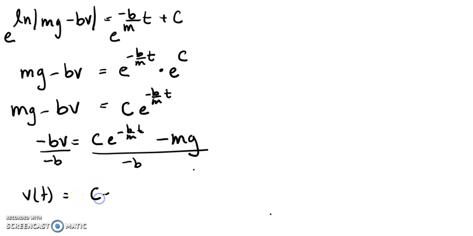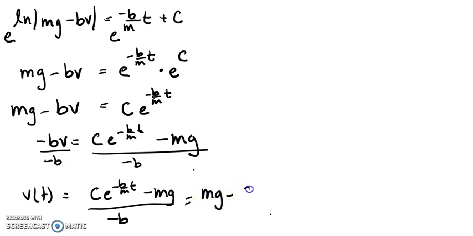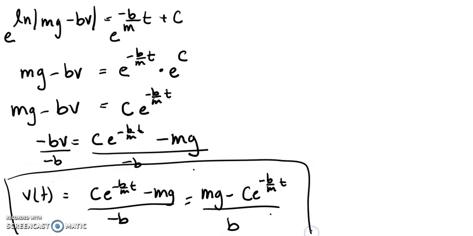I guess I could just write it like that, c e to the negative b over mt, take away mg, over negative b. I feel like I have slightly too many negative signs, so I'm going to distribute the negative signs. So then we're left with mg minus c e to the negative b over mt over b. Great. So this right here is our velocity function.